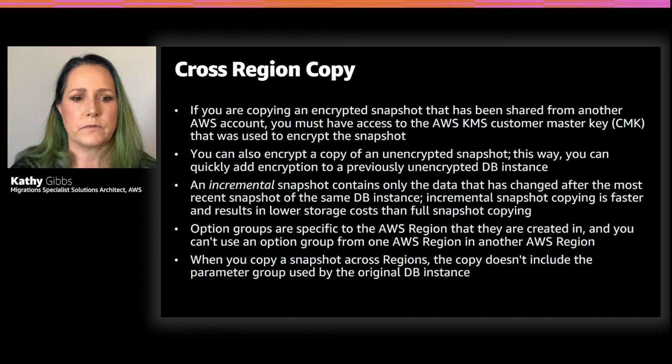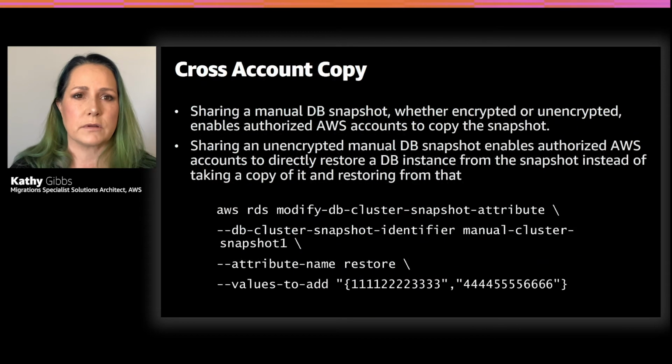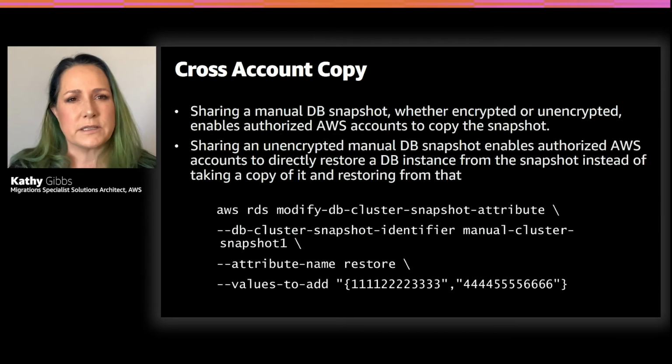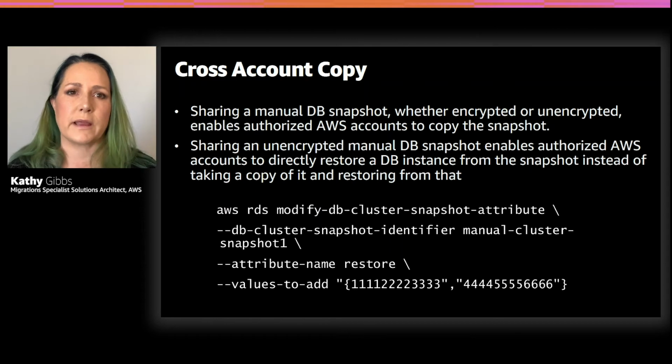Okay? All right, so let's go ahead and talk about the next option that we have, and that's cross-account copy. Now, I just wanted to mention this to make sure that you have that there. There may be an account that you want to store just a master in so that you can always go back to a beginning time, and I want to put that in a different copy, maybe a pristine account that I put everything in.